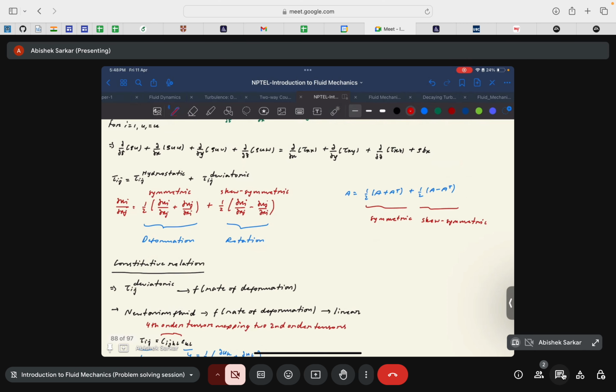So using that similar identity, a strain rate tensor can also be represented as a sum of its symmetric part and skew symmetric part, and you will see that these turn out to be two important components that can be formed from the velocity gradients that we have already discussed.